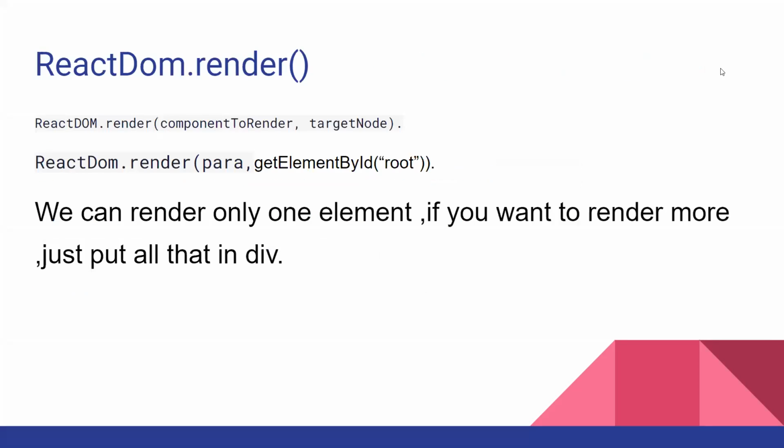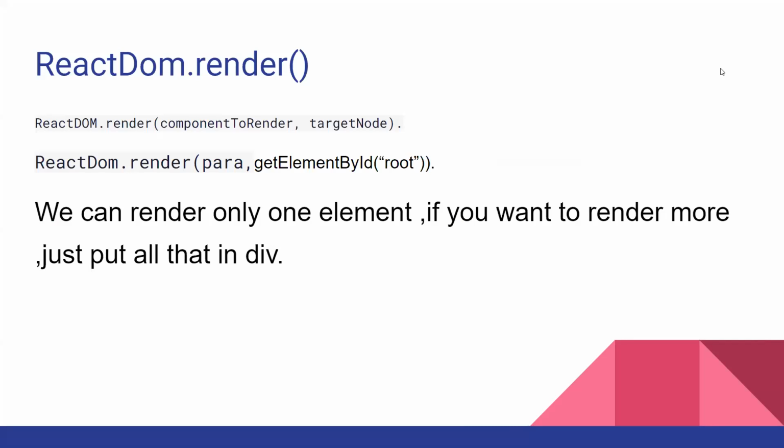And now the render function, ReactDOM.render. Basically, if you want to render any element to the DOM, first we render to the React DOM, and after that it changes our browser DOM.